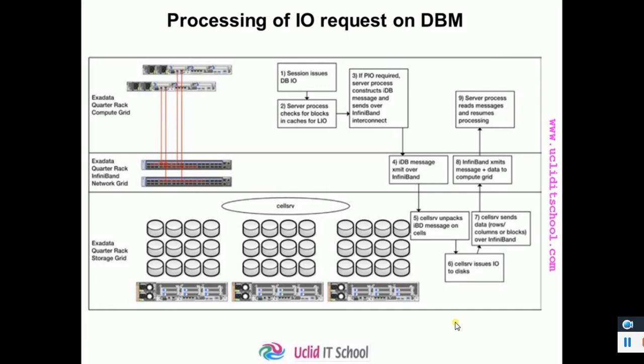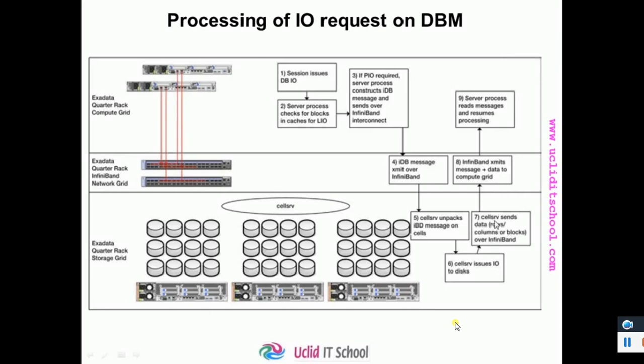Traditionally, this is very different. In traditional processing, the storage server transmits the entire block. In Oracle, the minimum, atomic unit of IO is a block. So every block is transmitted to the database server, and block-level processing happens at the database server.